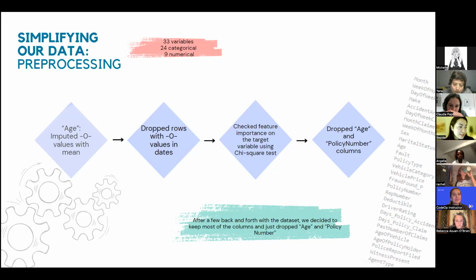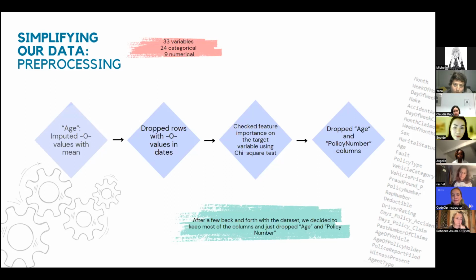So we imputed those zero values with the average age from the rest of the data set. We also dropped a few rows that had zero values in day of week of claim and day of claim, because they obviously didn't add any useful information to our analysis.